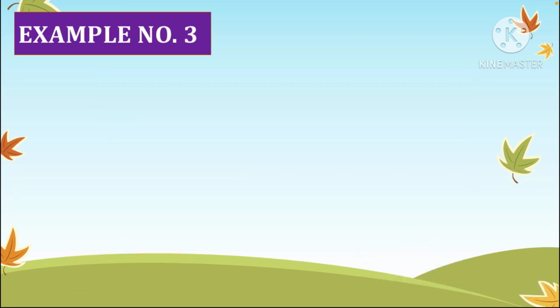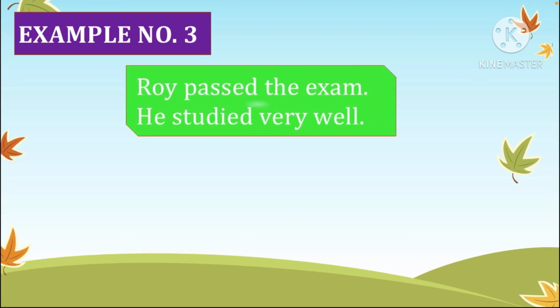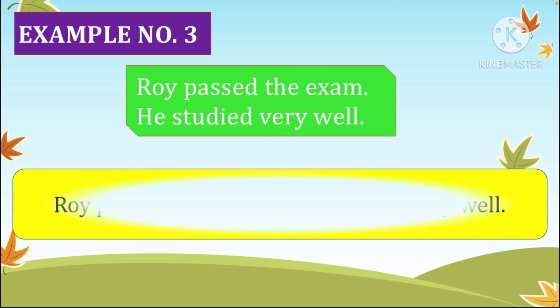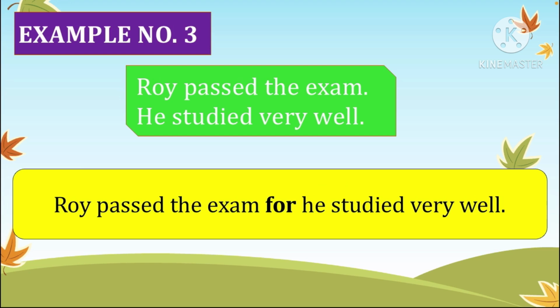Example number 3. Here are the two simple sentences. Roy passed the exam. He studied very well. Can you combine these together to make a compound sentence? Very good. Roy passed the exam for he studied very well.